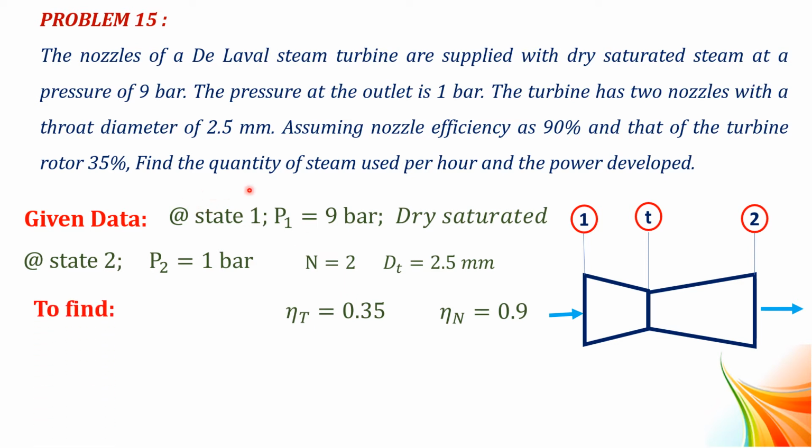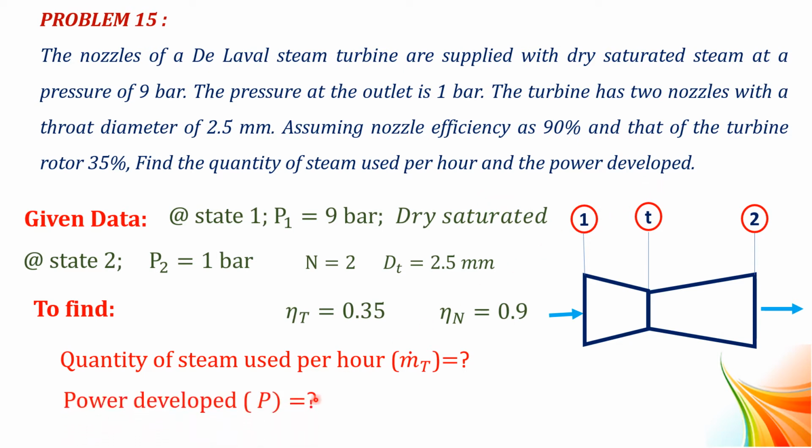Find the quantity of steam used per hour, so total amount of steam supplied per hour, and find the power developed. So also we have to find out the power developed by the turbine P.